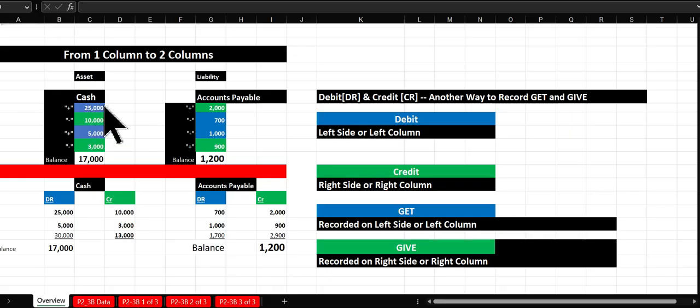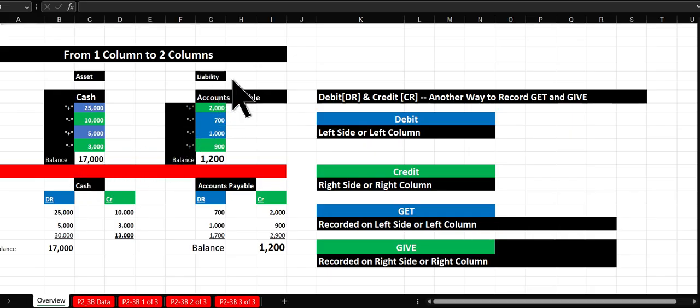So we would have had at this point a balance of $15,000 in our cash. Then we had another get of 5,000 and another give of $3,000. And so at the end, when we net each get and give, we ended with $17,000 in our cash account.